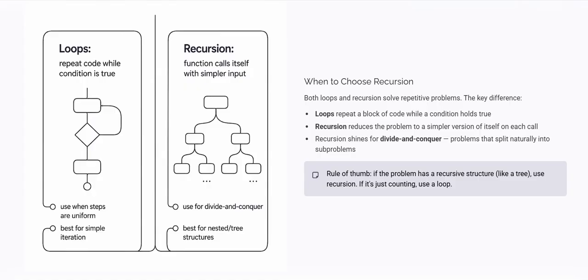It is best for nested and tree structures, where one thing is inside another thing, like nested things we have a lot, where one thing contains the other. Recursion is really helpful in nested and tree structures.